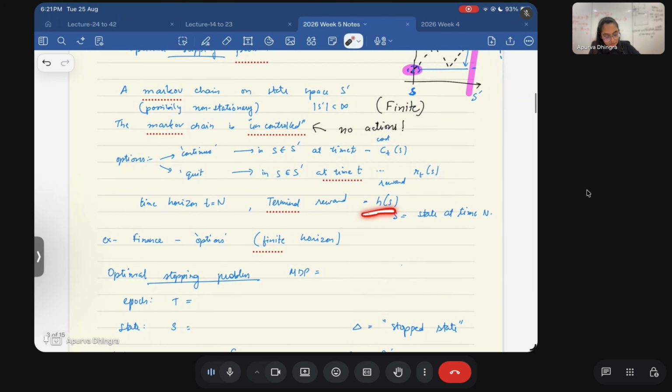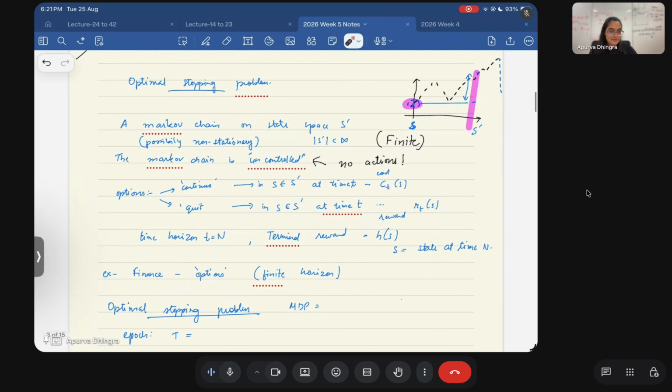Okay, terminal reward can also be thought of as what happens at the end of it. Suppose you need to exit at a certain point of time. This is typically something that happens in options trading, that you have an expiry of whatever you've bought, and if you don't exit, then there's a terminal reward. It's typically a penalty, a huge penalty, but sometimes you can think of it as a reward, and it's fine.